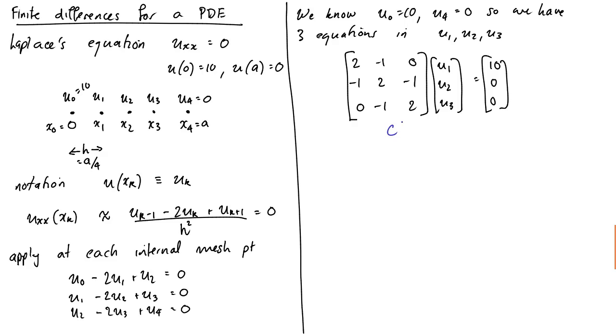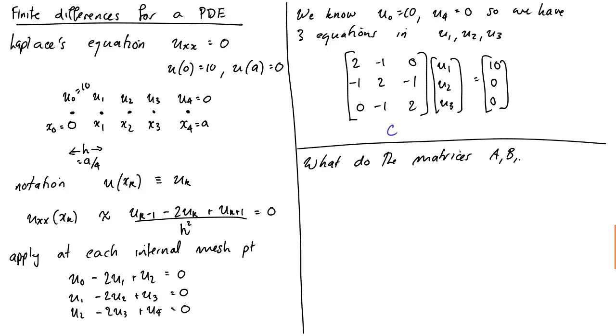So I've done three examples here, which are seemingly quite unrelated, but each one has introduced a matrix A, B, and C. So your question might be, what do the matrices A, B, and C have in common?